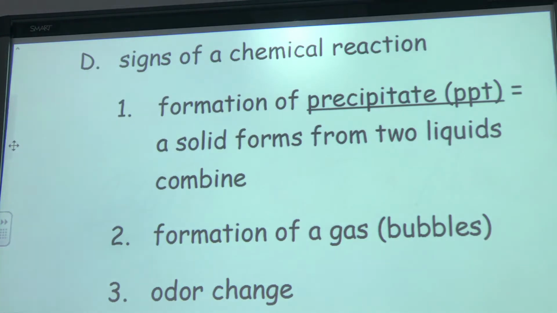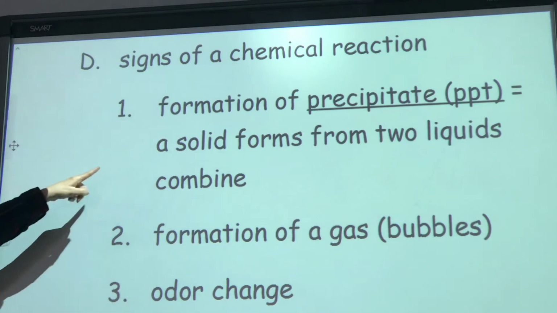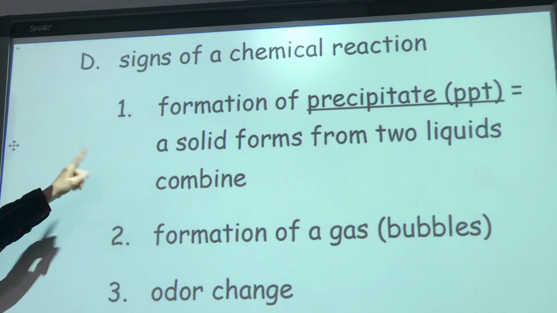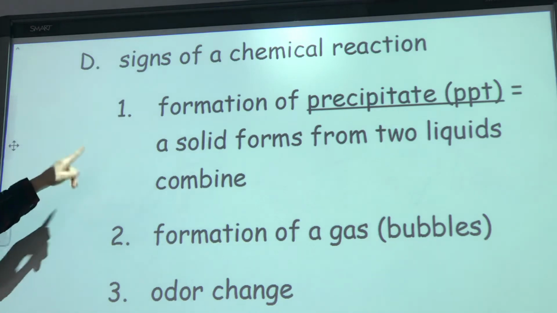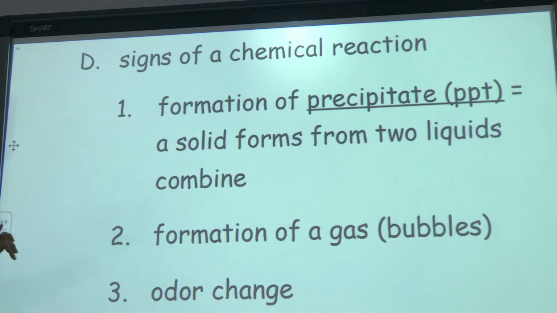What's a precipitate? A precipitate is when you have two solutions, two clear liquids, and you add them together, and all of a sudden a solid gets formed, and that solid falls to the bottom. That's a precipitate. So when we combine two things and we get a precipitate, that's a pretty good sign. That's a really good sign of a chemical reaction.